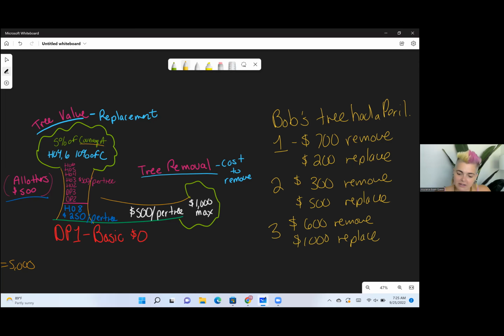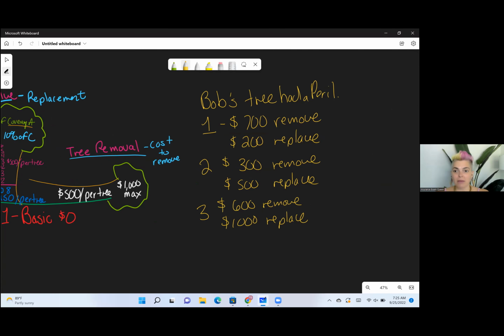Okay, now this is going to be written out as a word problem. They're going to say Bob's trees were struck by lightning. It cost $700 to remove tree number 1 and $200 to replace it. The second tree was $300 to remove and $500 to replace it.